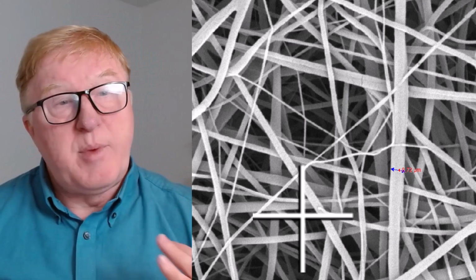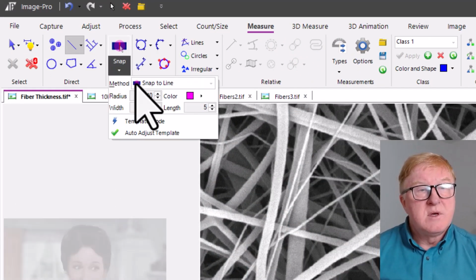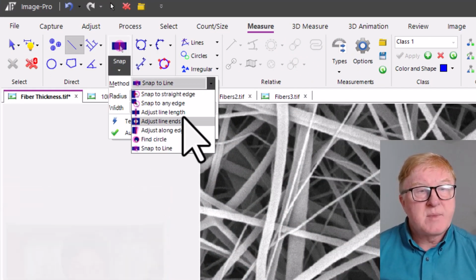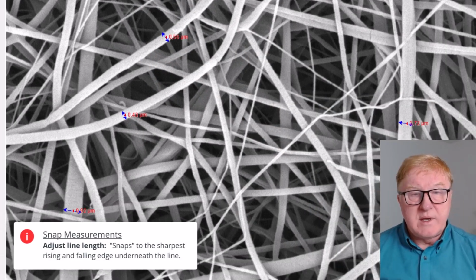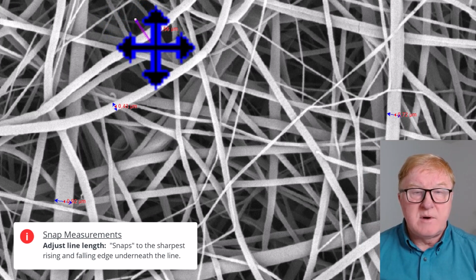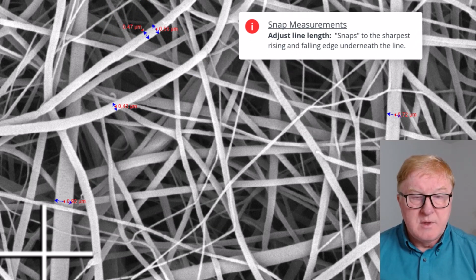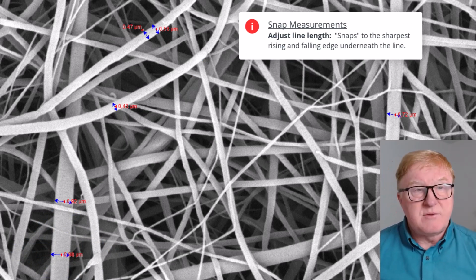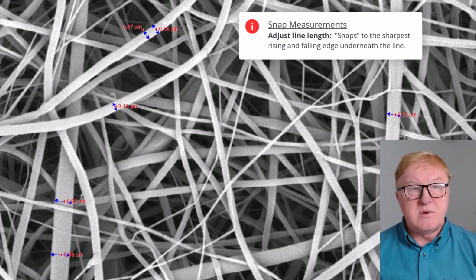There is a little bit better way if we use snap measurements. We can just throw a line across the fiber and the measurement will snap to the fiber automatically. Still, we have to create hundreds of measurements manually, doing 2 clicks.